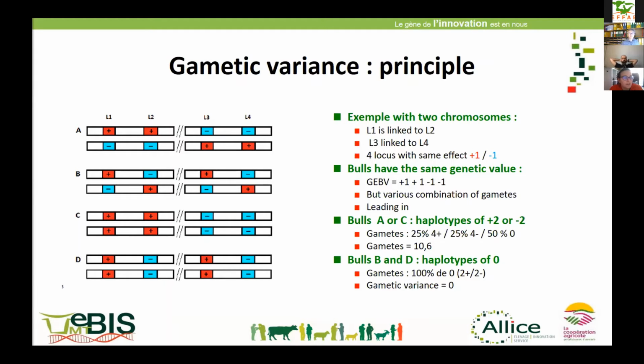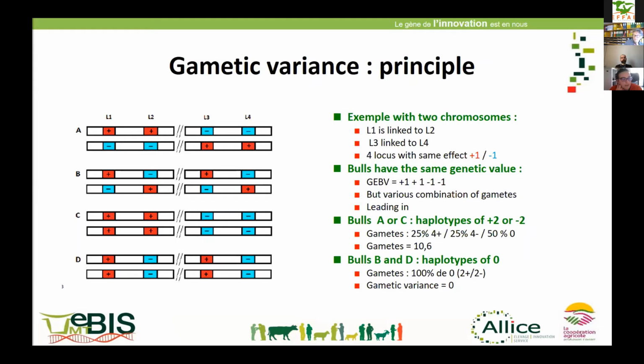But when you look at the possible gametes, there are various combinations of gametes. Bull A and bull C will have gametes where 25% will have a breeding value of 4, 25% a breeding value of -4, and 50% of 0, meaning the variance will be around 10.